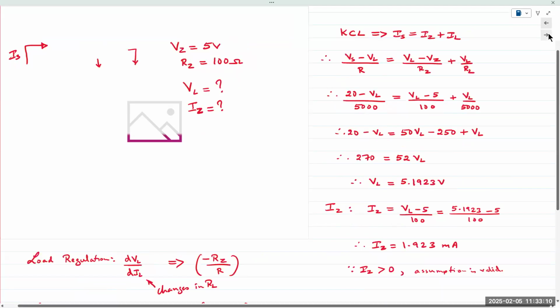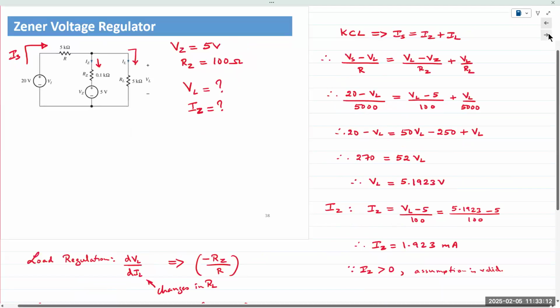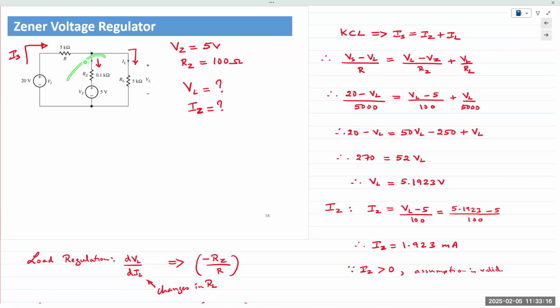Then let's put the series resistor into account. So using the piecewise linear model, Zener regulator using VZ and RZ, the analysis remains the same. The only thing now is that there is a slight voltage drop across that Zener resistance of 100 ohms.